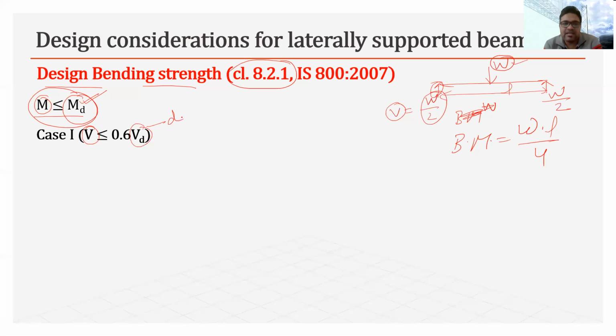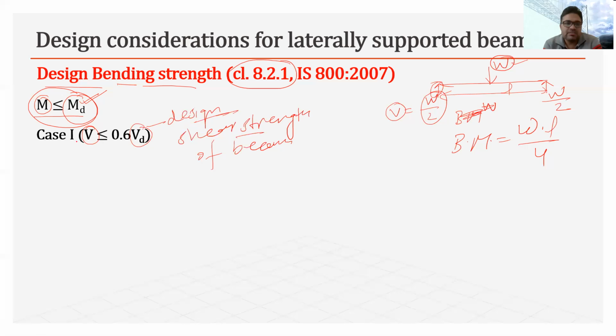VD is the design shear strength of the beam. Like beam has design bending strength, beam also has its design shear strength. We will see later how we find out design shear strength. But bending strength is dependent on the design shear strength value.